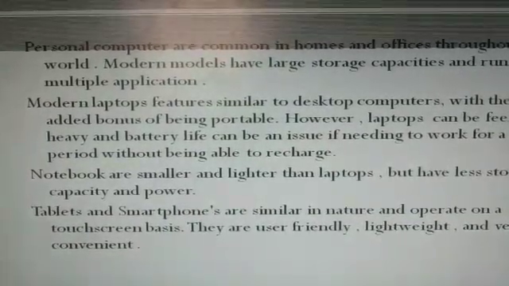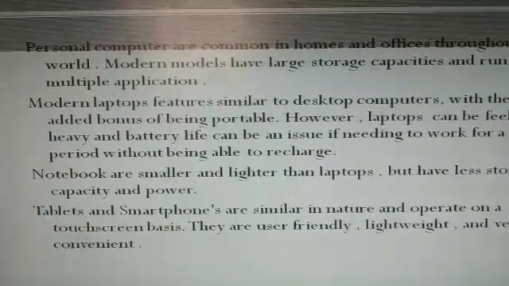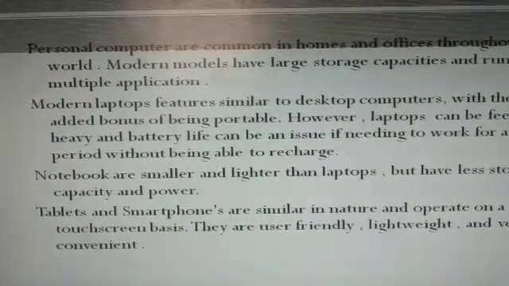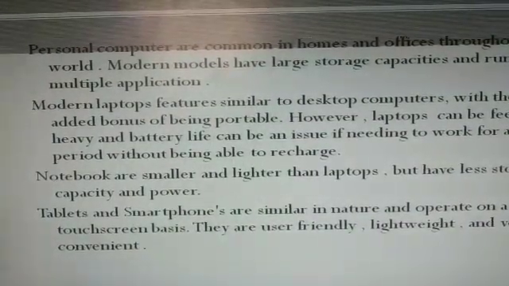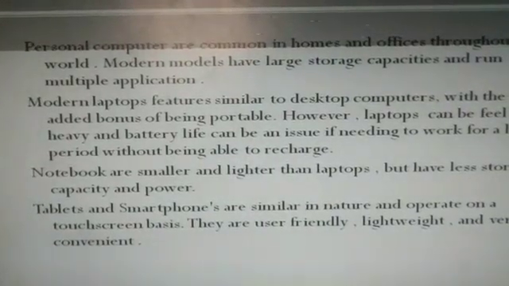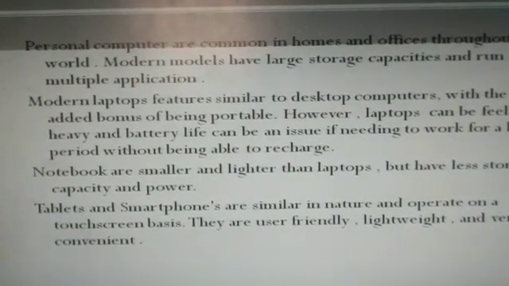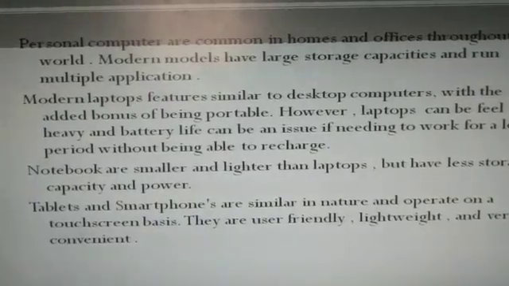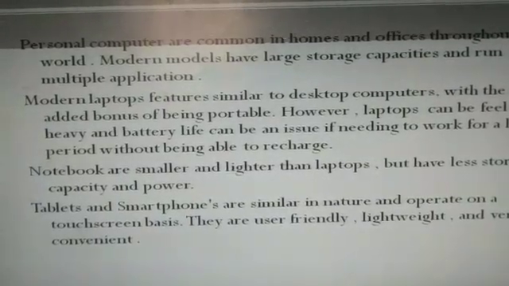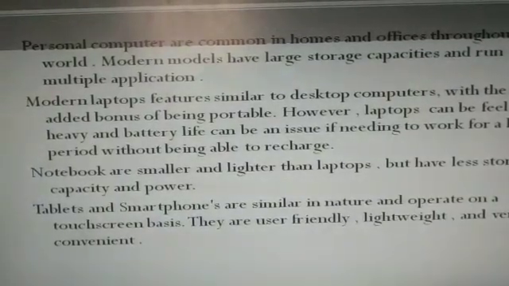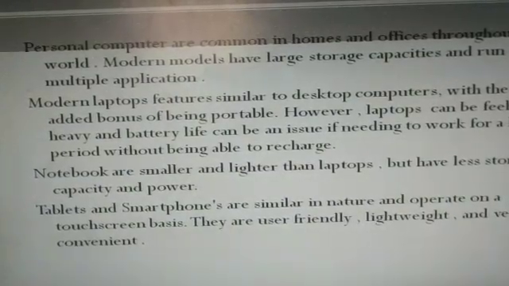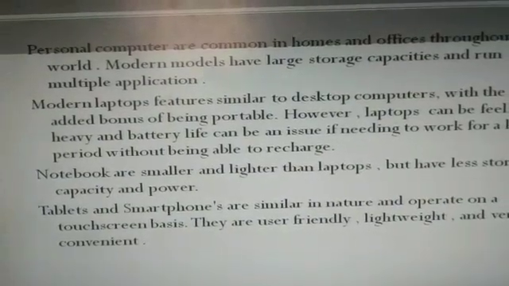Tablets and smartphones are similar in nature and operate on a touch screen basis. They are very user friendly, means you can use them very easily, and lightweight and very convenient also. So, being popular with people of all ages and backgrounds.